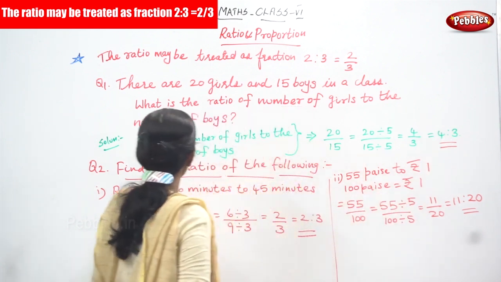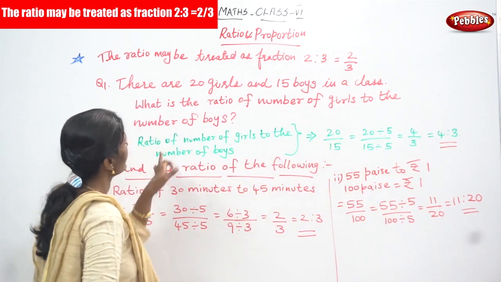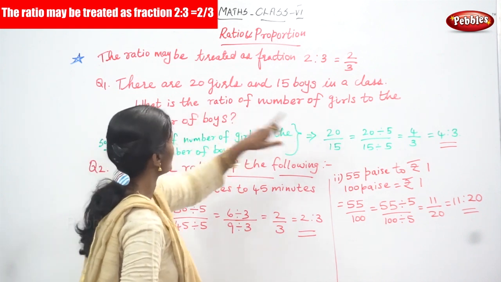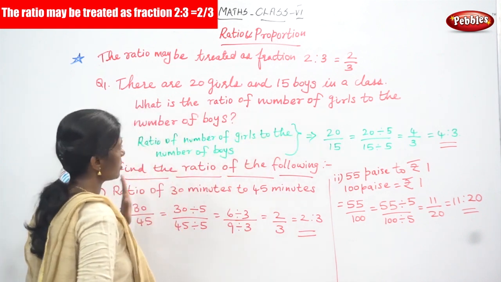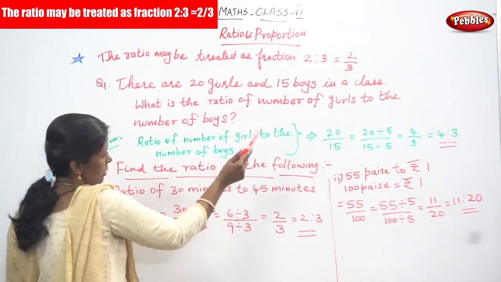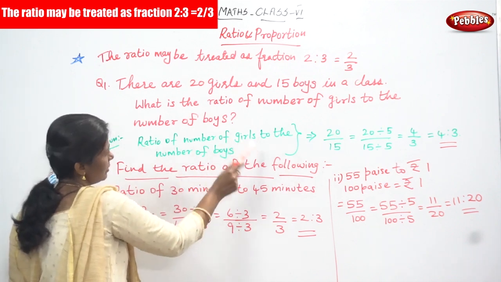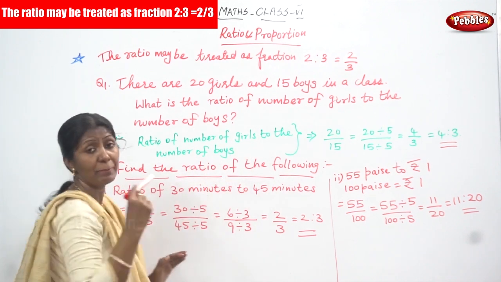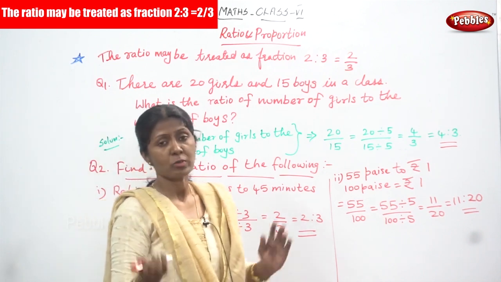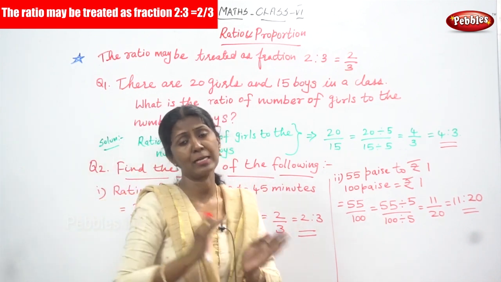I'll repeat this once again. Solution: we have to find the ratio of the number of girls to the number of boys. We compare the number of girls and the number of boys.